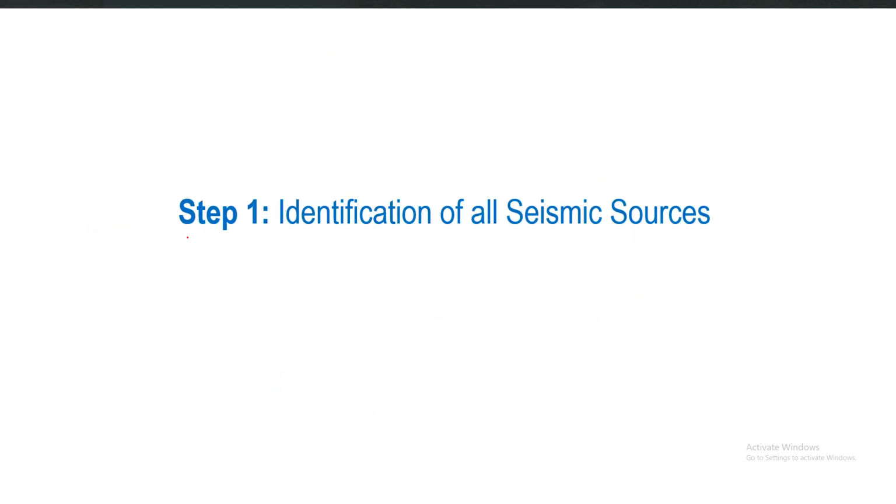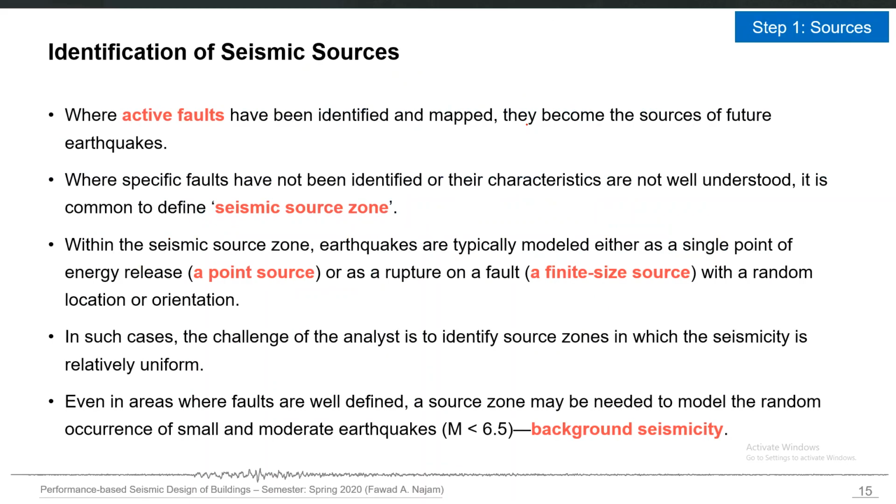So let's start with the first step, and that is the identification of all seismic sources which can contribute towards the hazard at your particular site. Where active faults have been identified and mapped, they become the sources of future earthquakes. So all the active faults which are already characterized, mapped, and whose features are already studied and available, we can model as sources of future earthquakes in our PSHA methodology.